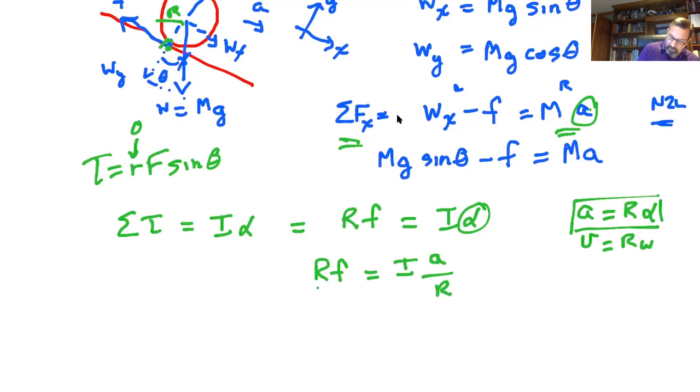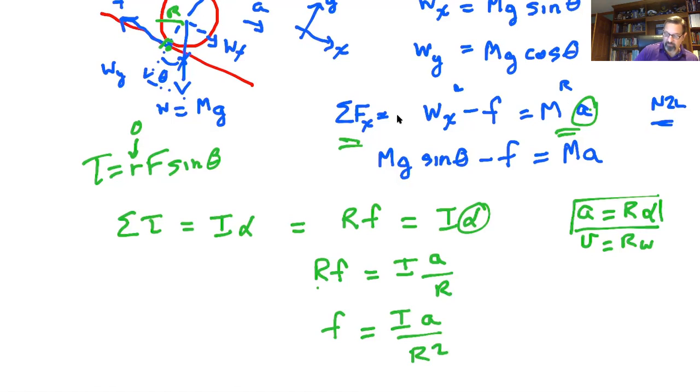And I can go even one step further. I can bring the r over to the other side of the equation and solve for the friction force. That's supposed to be a capital R, poorly written here. And so now I have that result. What do you think I'm going to do with it?